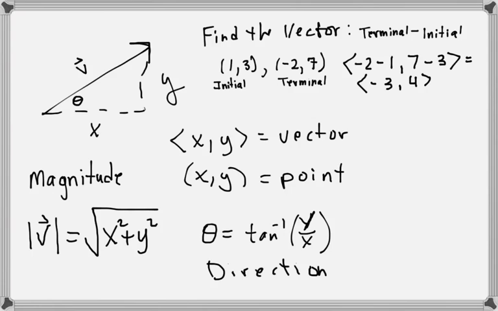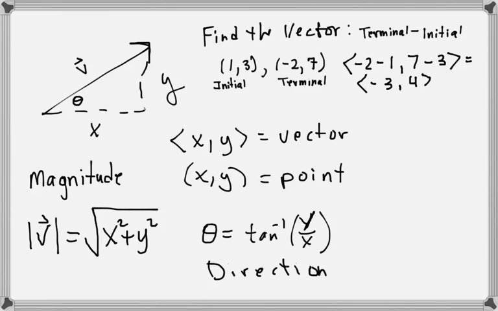If you were to plot these 2 points on a coordinate plane and count the horizontal distance and the vertical distance from one point to the next, basically its slope, then you would get exactly negative 3 and 4. What does it mean to have a negative component here? It's telling you a direction. If x is negative, it means you go left that far. If y is negative, you go down that far.